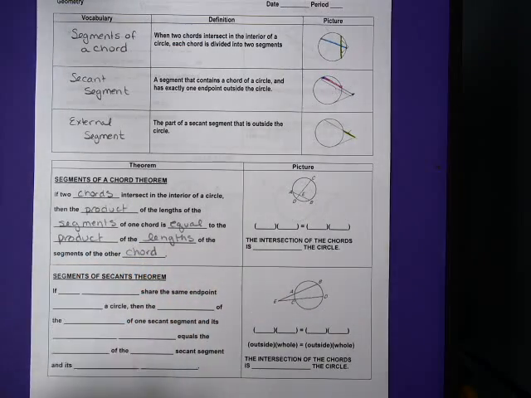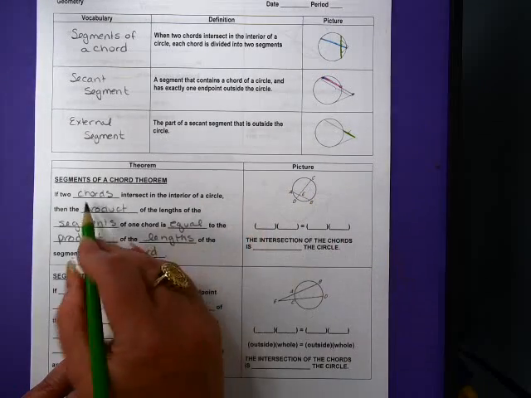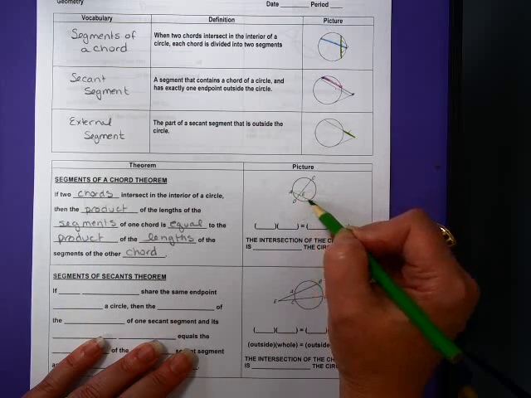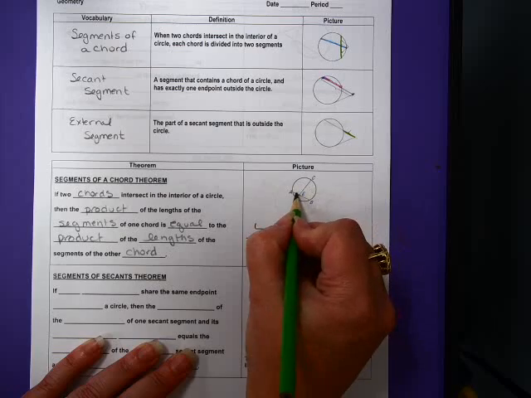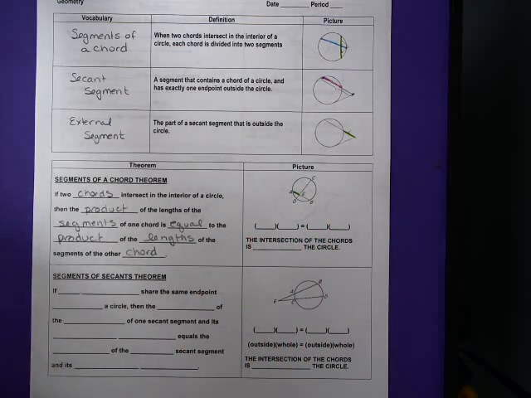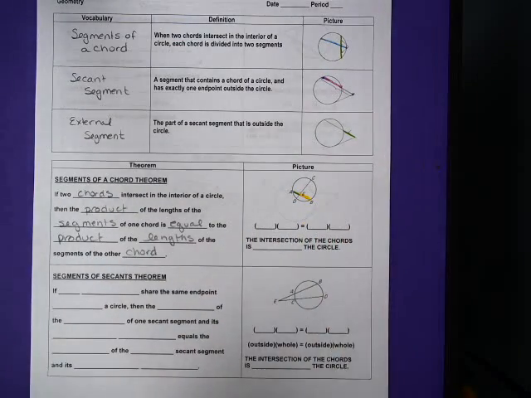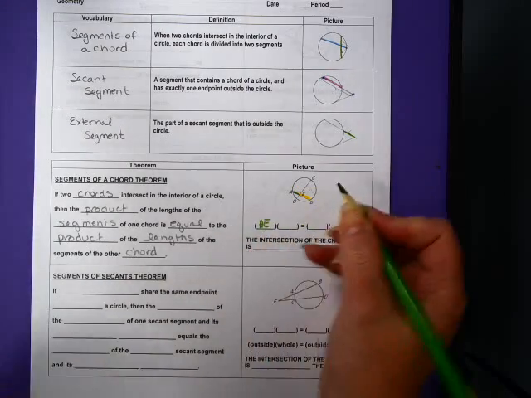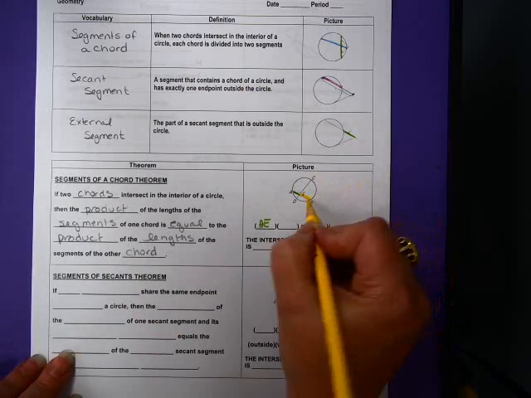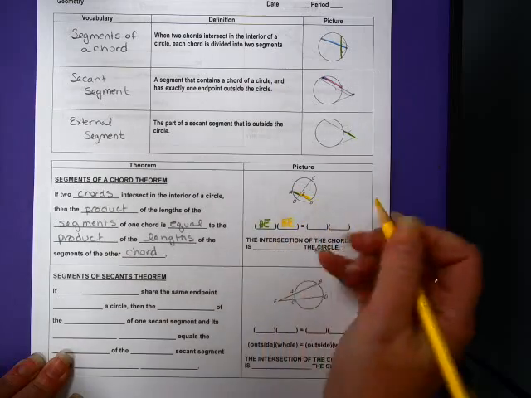Okay, so here I have these two chords that are intersecting inside the circle. And what it's telling me is that this is a segment of a chord, and this one here is a segment of the chord, and I can multiply those together. So that's AE being multiplied by BE, and I'm just putting them in alphabetical order. It doesn't really matter if you call it EB.